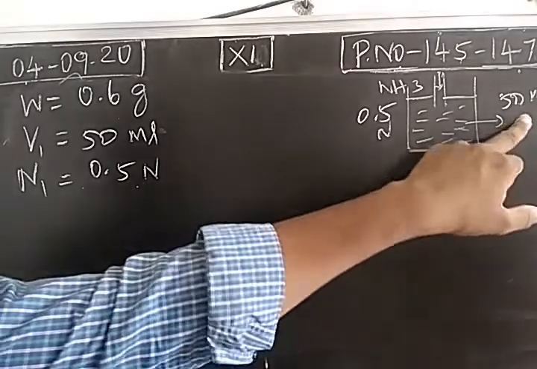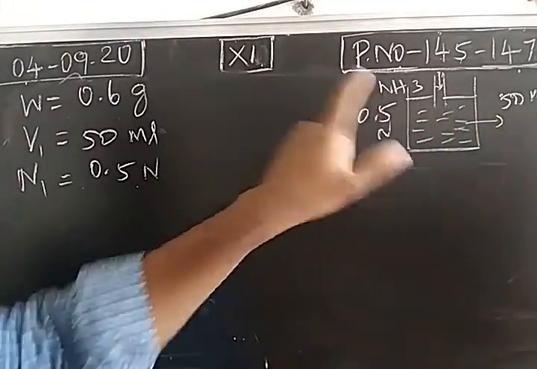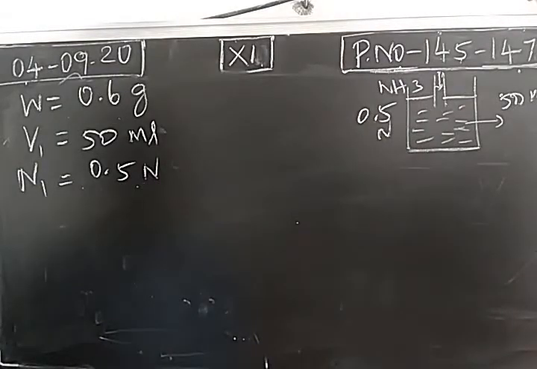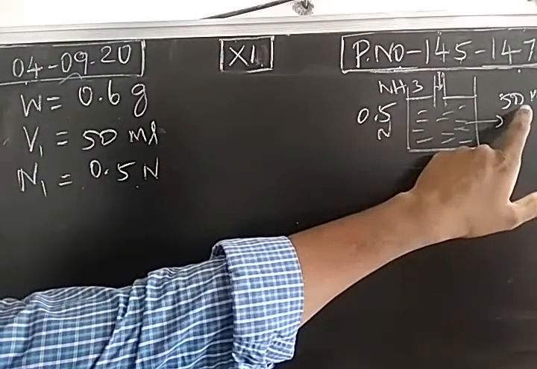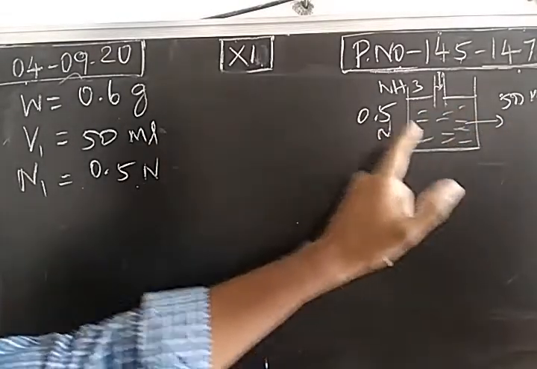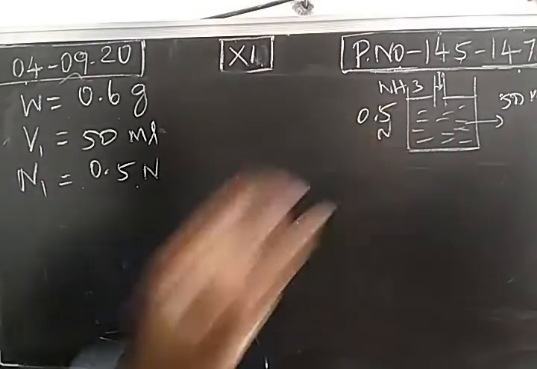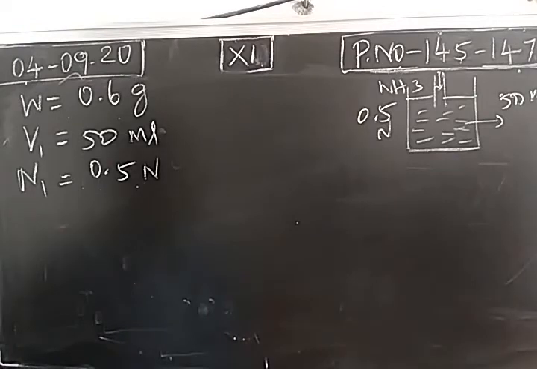Out of 50 ml, some quantity of sulfuric acid is utilized by ammonia to form ammonium sulfate, because ammonia dissolves in sulfuric acid to form ammonium sulfate salt. So this ammonia will consume a particular volume of sulfuric acid, and the remaining sulfuric acid will be there. We first find how much remaining sulfuric acid is present.